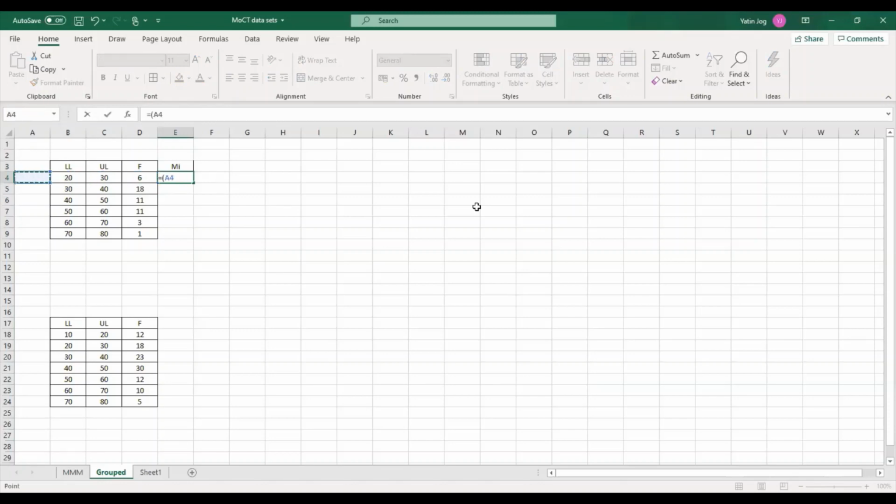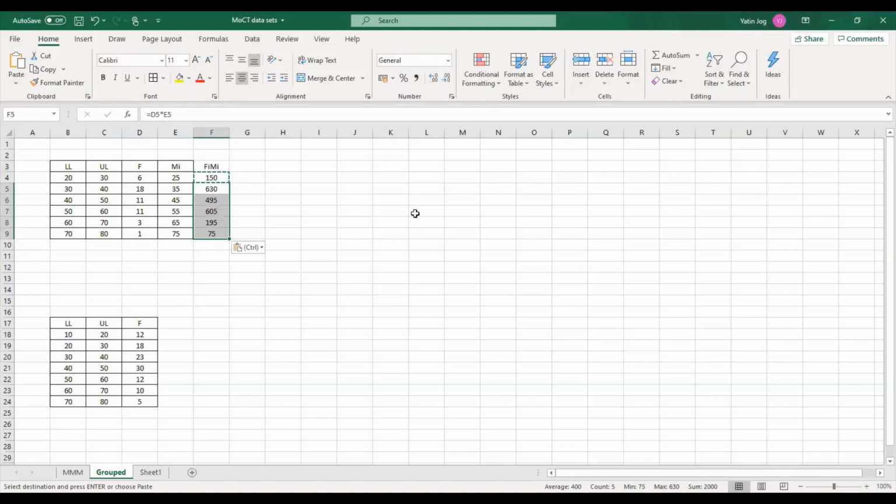We have the formula lower limit plus upper limit divided by 2. So that gives 25. I want to use the same formula for remaining cells. I'll just copy and paste and I'll get the class midpoints. So this is how I can calculate the class midpoints. Then the next is Fi into Mi. That is my numerator. That means multiplication of frequency into class midpoint.